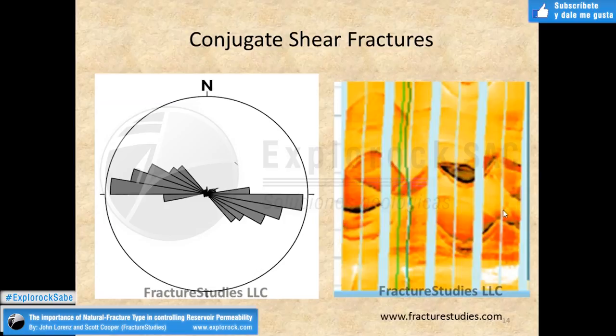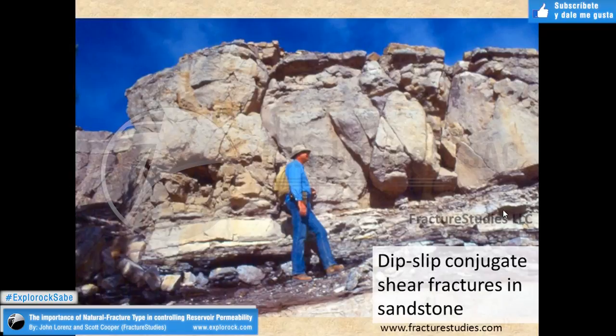To get an idea of what I mean by this, let's look at an outcrop. There I am standing in southern Utah at this point, and we have these vertical conjugate fractures. They have normal displacement, but they are intersecting in this vertical profile, in this cross section.